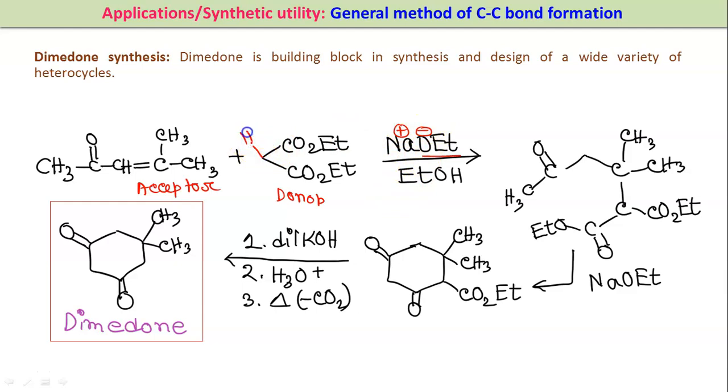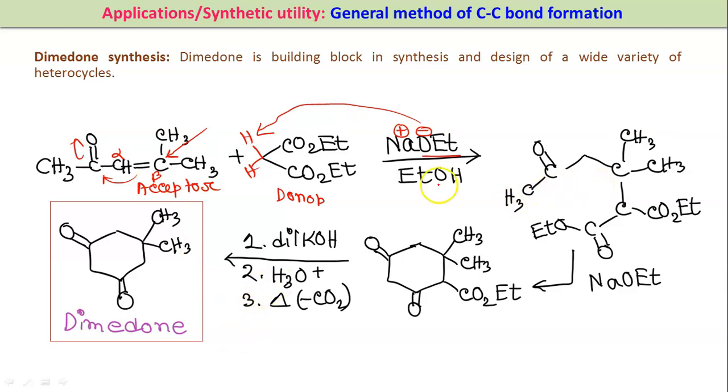In the presence of base, which is NaOEt, the actual base is EtO minus. One of the protons from the active methylene group will be taken by the base, and the carbanion that is generated will attack at this position. This is an alpha beta unsaturated carbonyl compound, and the double bond will be shifted, there will be O minus. You can follow the same mechanism that we have seen in the last slide.